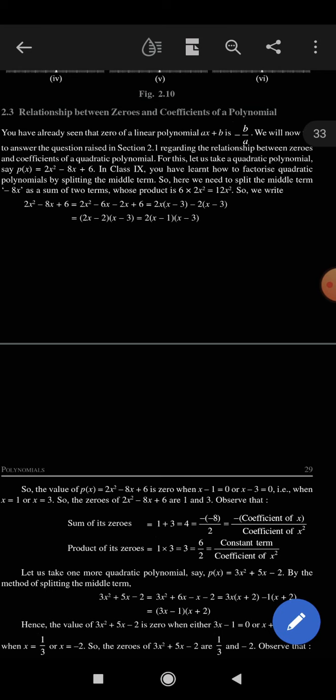So we write 2x square minus 8x plus 6 is equal to 2x square minus 6x minus 2x plus 6, is equal to 2x bracket x minus 3 bracket close minus 2 into bracket x minus 3 bracket close, is equal to bracket 2x minus 2 bracket close bracket x minus 3 bracket close, is equal to 2 bracket x minus 1 bracket close bracket x minus 3 bracket close.